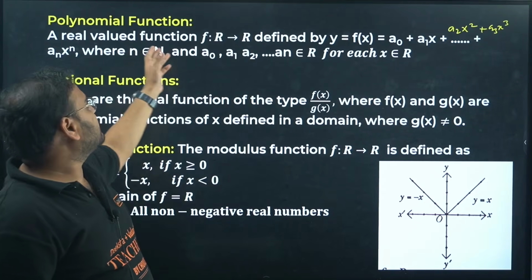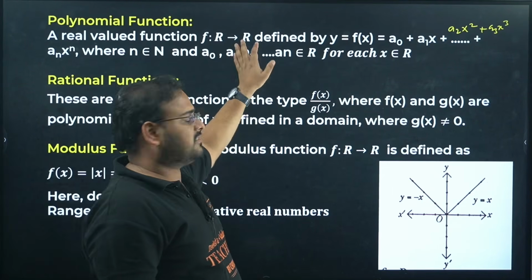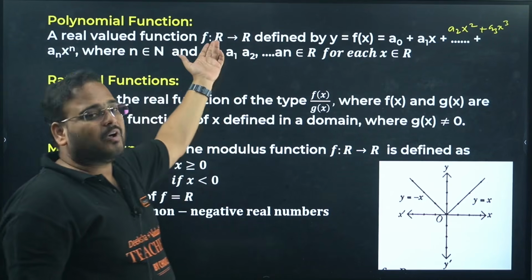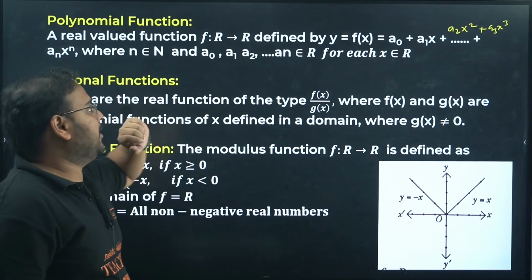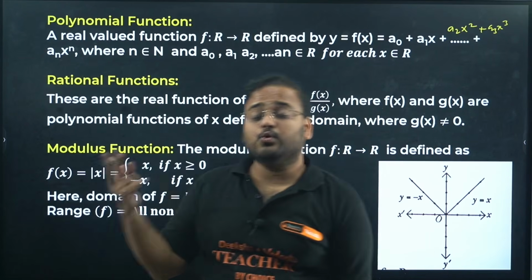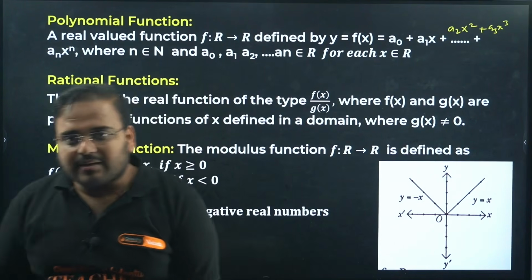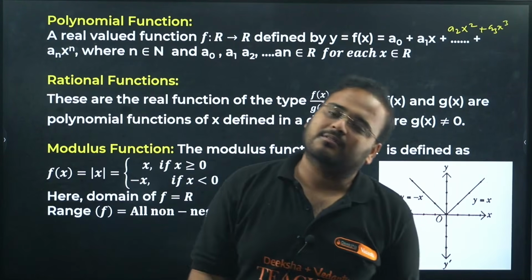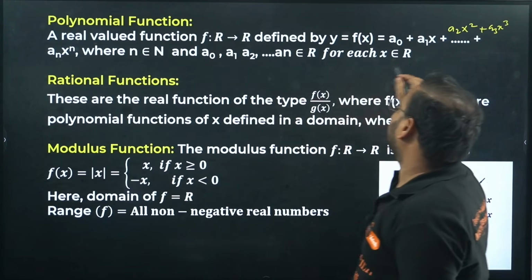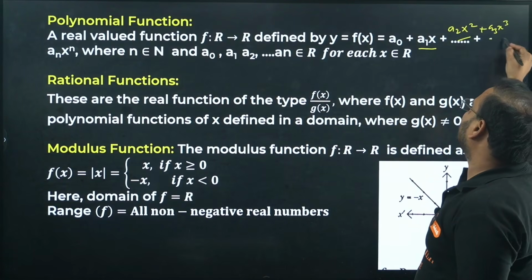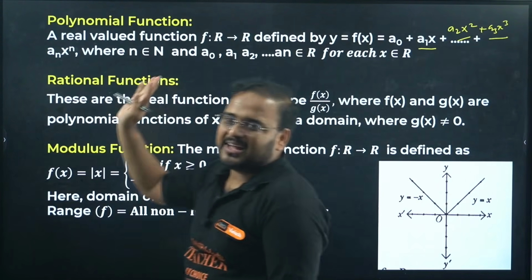This is a function defined on all real numbers only, R to R. So the domain is all real, range is also all real depending upon the situation. If the degree is 2, it becomes a quadratic function. If it is 3, it becomes a cubic function, biquadratic or linear depending upon the power. If it is only till this point, linear. If you include this also, quadratic, cubic, biquadratic, and so on.